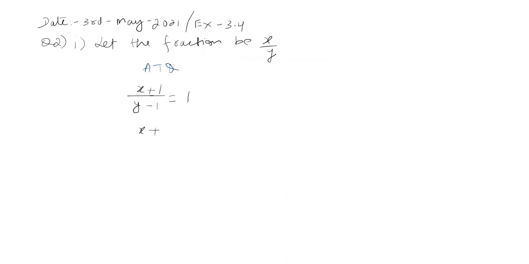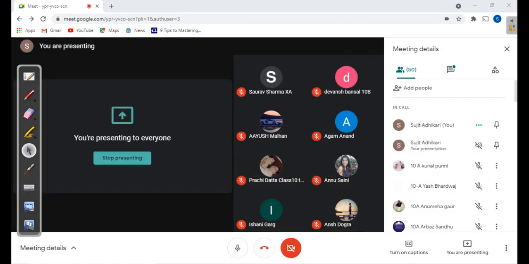So I'll cross multiply. This x plus 1 will multiply with 1, and in the denominator is 1, so the 1 is multiplied here. So now we get x minus y is equal to minus 2. This is our first equation. Now second: numerator as it is, but we add 1 to the denominator. If we add 1 to the denominator, it becomes 1 by 2.